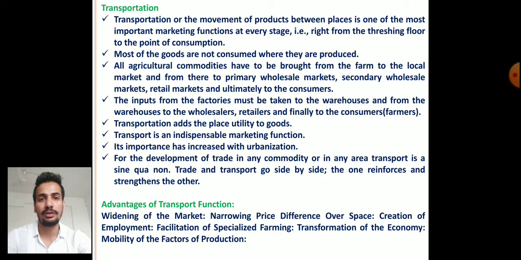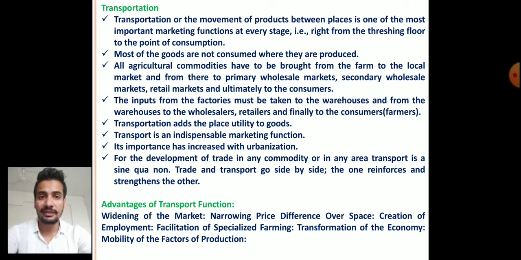As we know, transportation or the movement of products between places is one of the most important marketing functions at every stage of marketing, right from the harvesting to the point of consumption. Most of the agricultural goods are not consumed where they are produced.